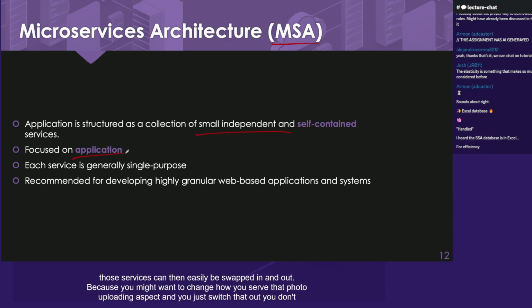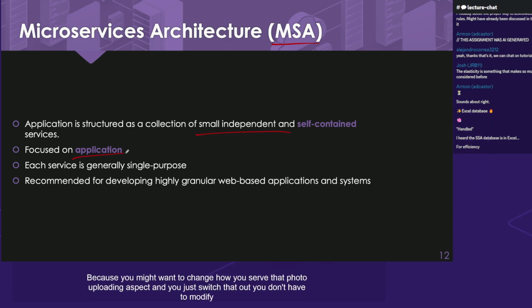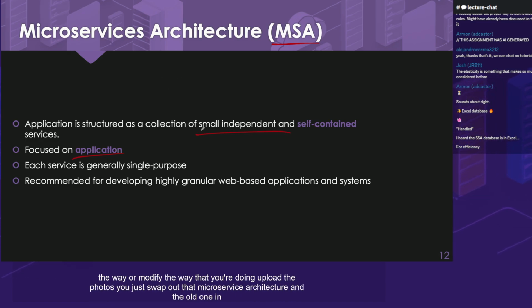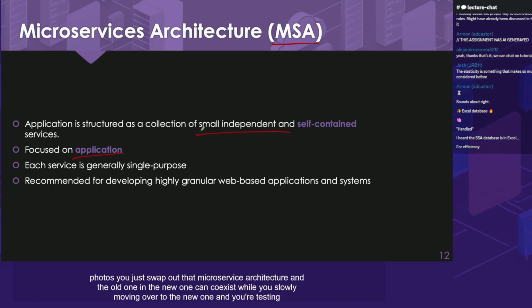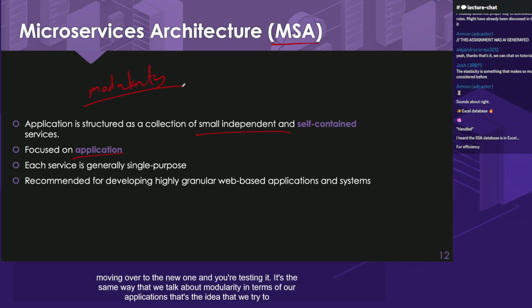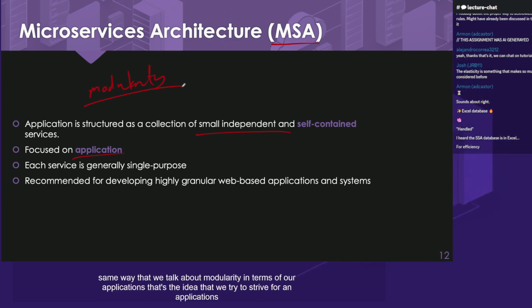You don't have to modify the code of a monolithic application to swap out the way or modify the way that you're doing uploads of photos. You just swap out that microservice. And the old one and the new one can coexist while you're slowly moving over to the new one and you're testing it. It's the same way that we talk about modularity in terms of our applications. That's the idea that we try to strive for in our applications. But at a higher level, that we've got services that are in charge of small chunks of an application.